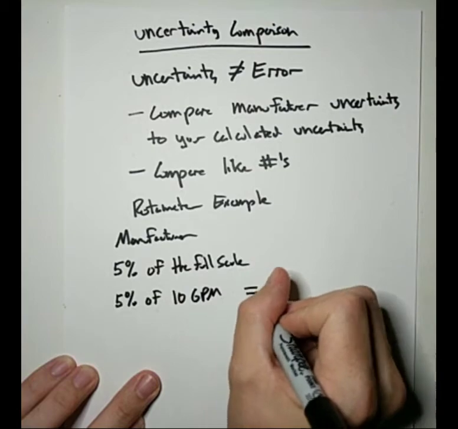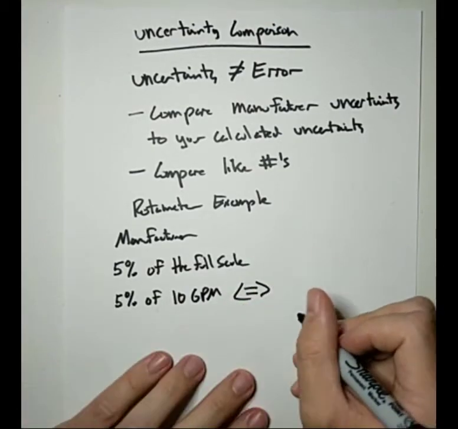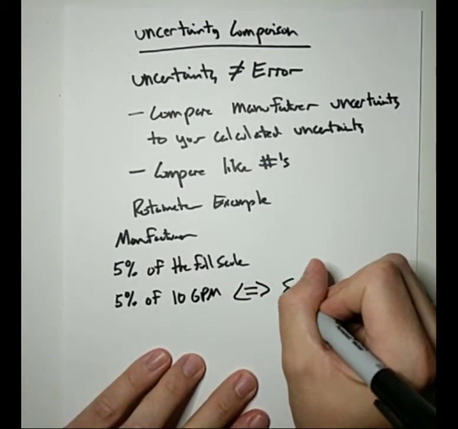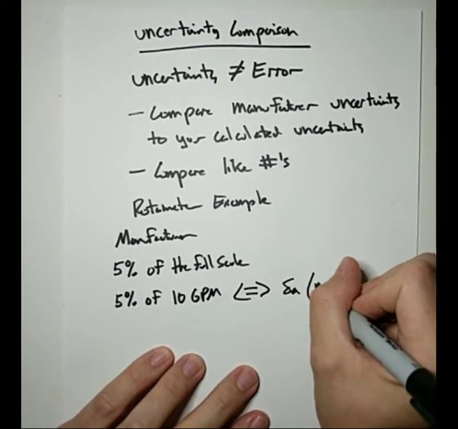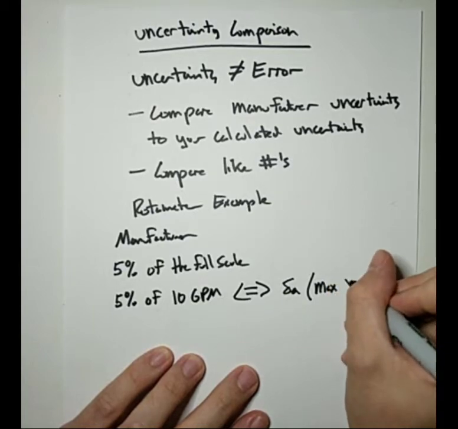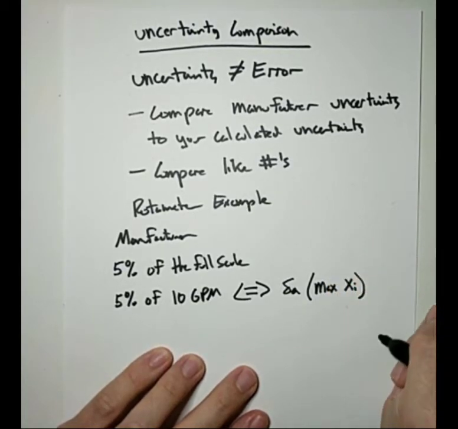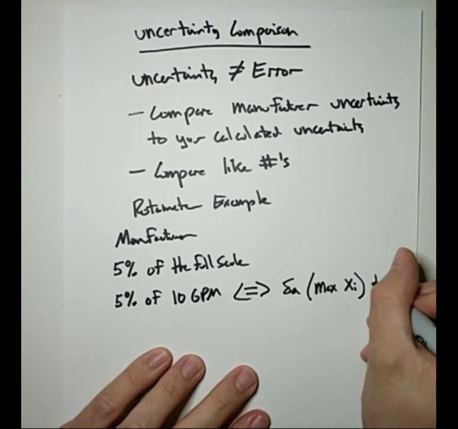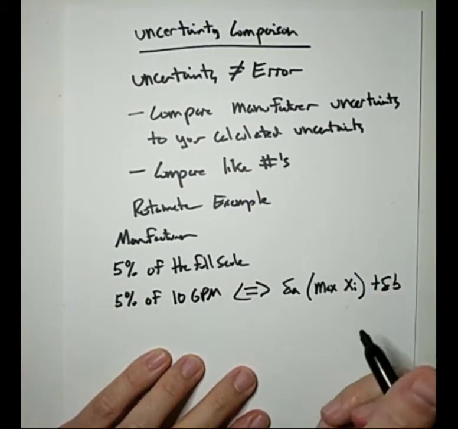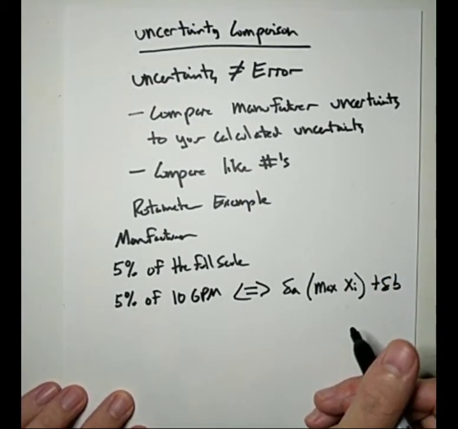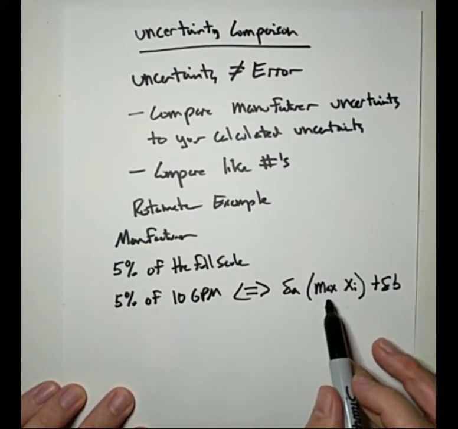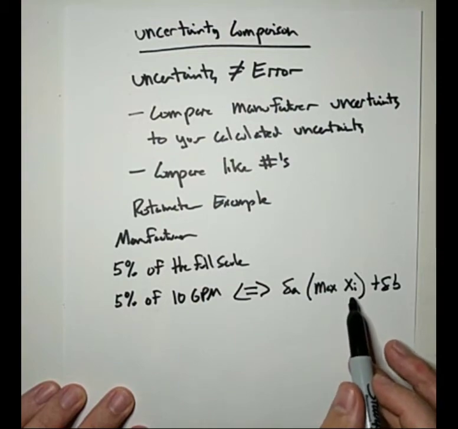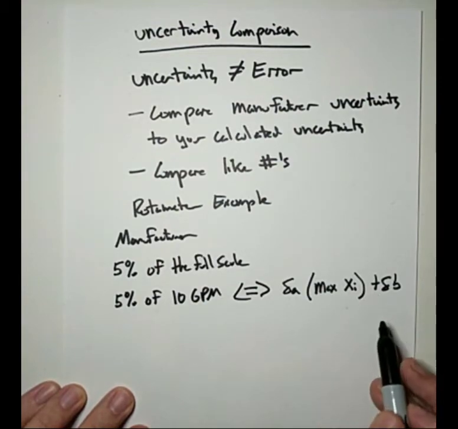So you want to compare that with your del A value for the rotometer times your max flow that you measured, plus del B. So you'll have your scale uncertainty multiplied by the max flow that the rotometer measured plus your offset uncertainty for the rotometer.